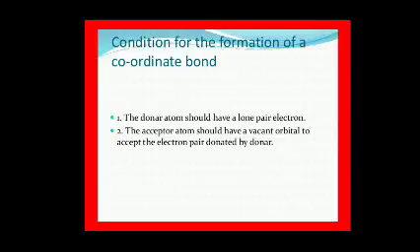Conditions for the formation of a coordinate covalent bond. First condition, the donor atom should have a lone pair of electrons.